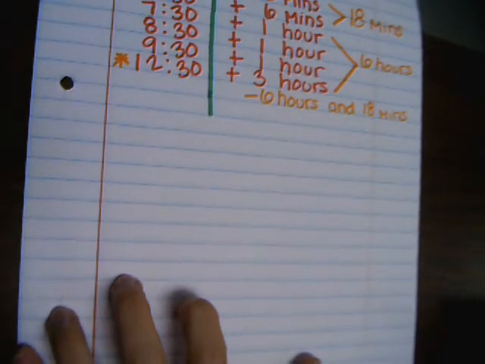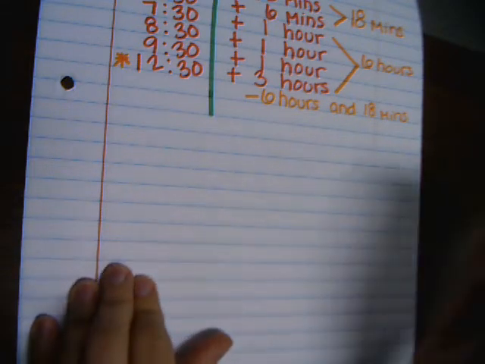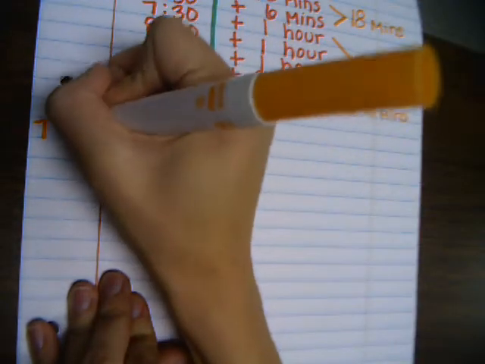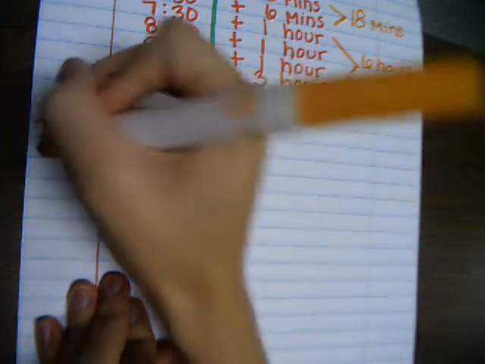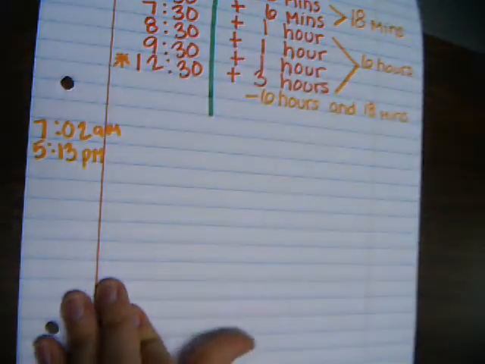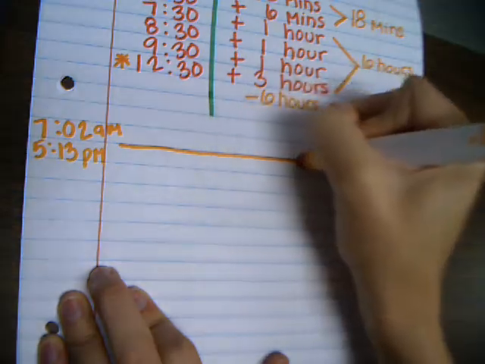Class, make sure that you're writing this down. This time, our start time will be 7:02 a.m. and our end time will be 5:13 p.m. We'll make our T-chart.